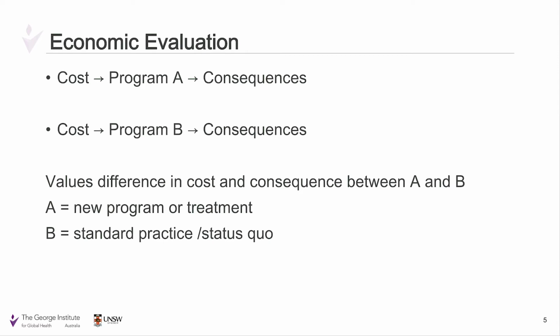So the fundamental principle underlying this is that economic evaluation is in a sense an incremental analysis. It looks at the incremental costs and the incremental consequences of an investment in a new program.